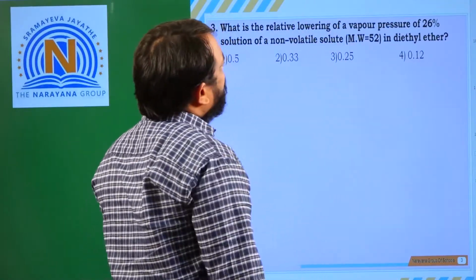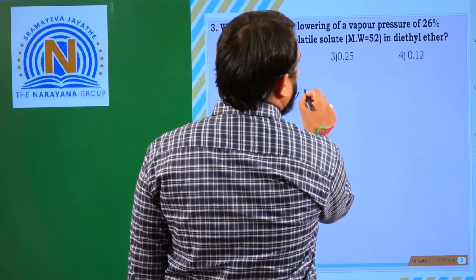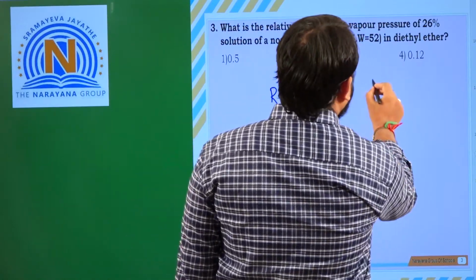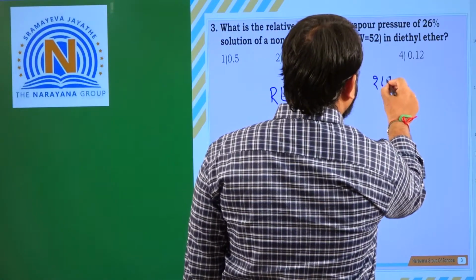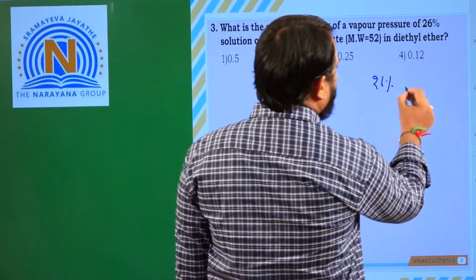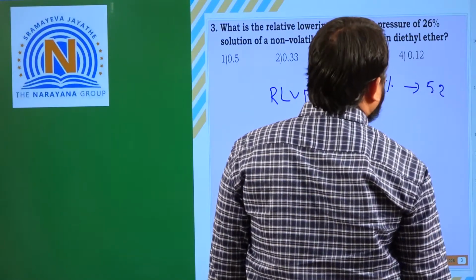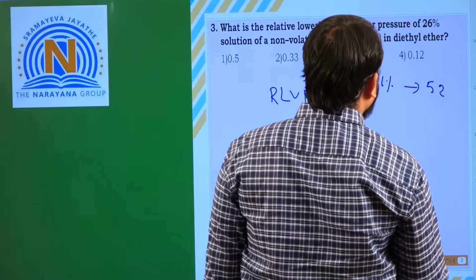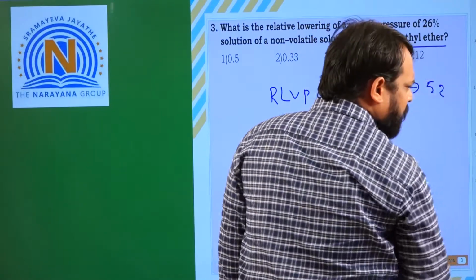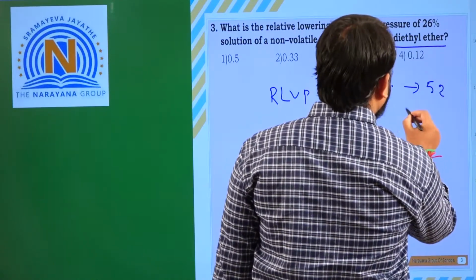What is the relative lowering of vapor pressure of a 26% solution of a non-volatile solute having molecular mass 52 in diethyl ether?